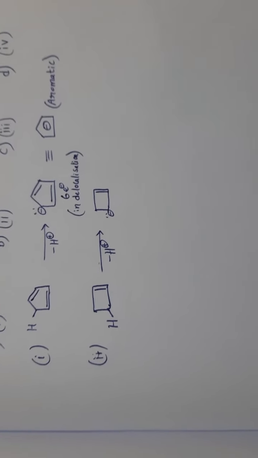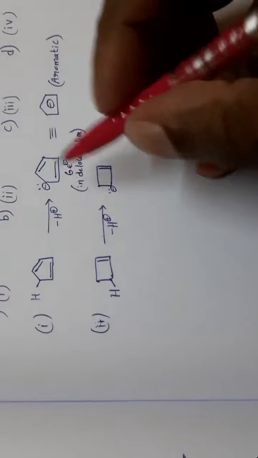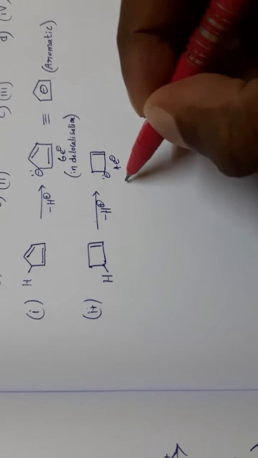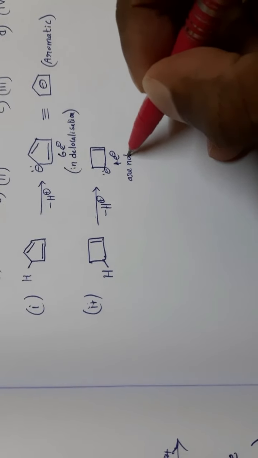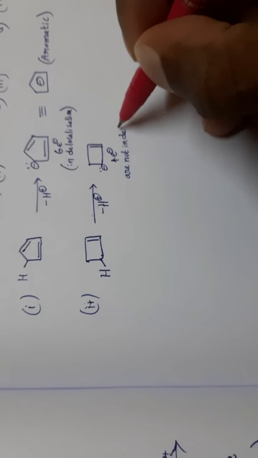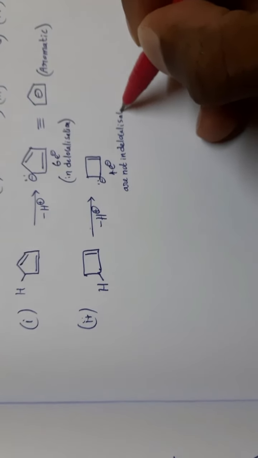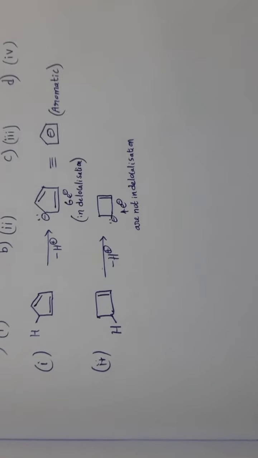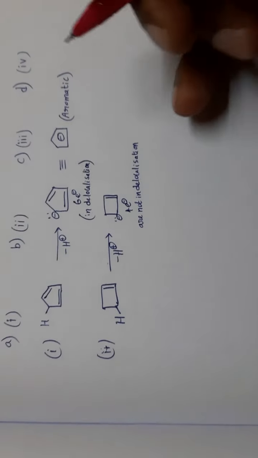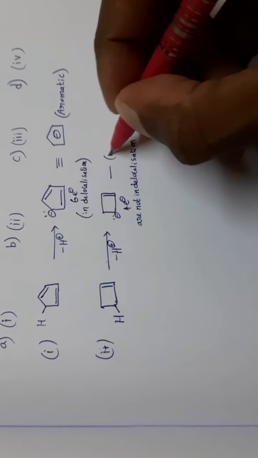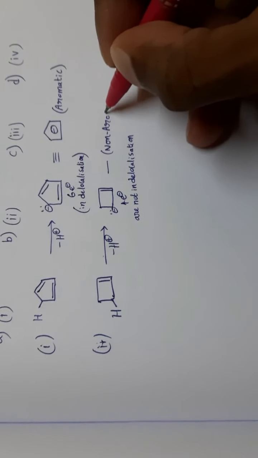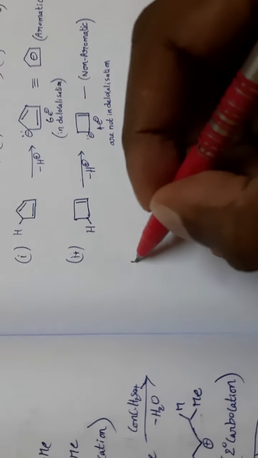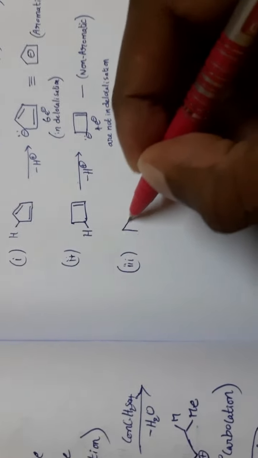Cyclobutene anion. Here how many electrons? 4 electrons. 1 2 3 4, 4 electrons are there, but these are not in conjugation, are not in delocalization, so it is non-aromatic. Non-aromatic compound. Next, third one is cyclopropene.